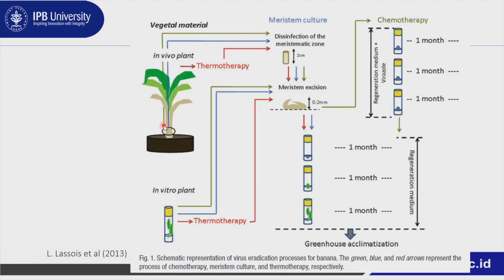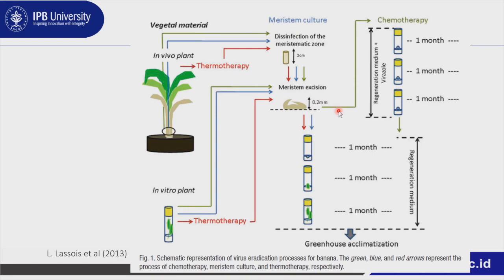And the meristem excision can also be done after we get the in vitro plant. So basically, after the sterilization, we just remove, let's say, the fungi and bacteria, but the virus is still there. But it's okay. You can get the plantlet, but afterwards we can do the meristem excision to get the plant free from virus.